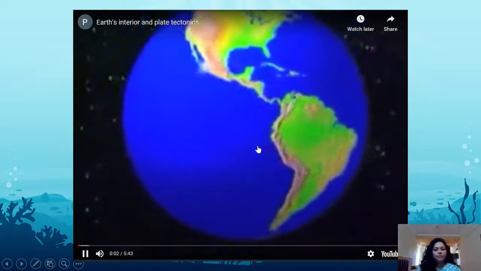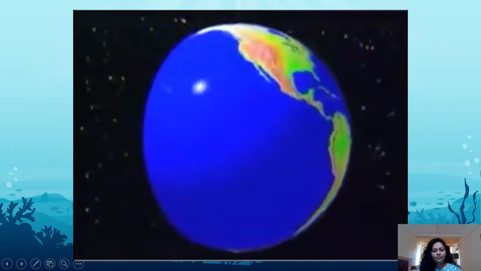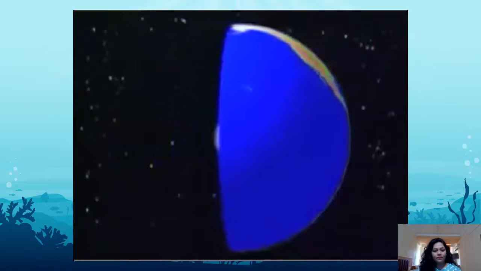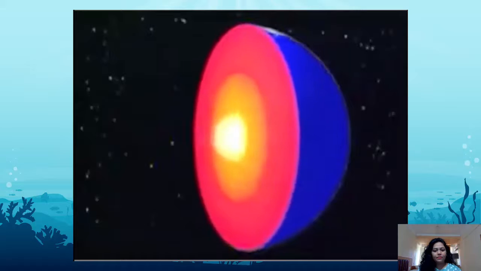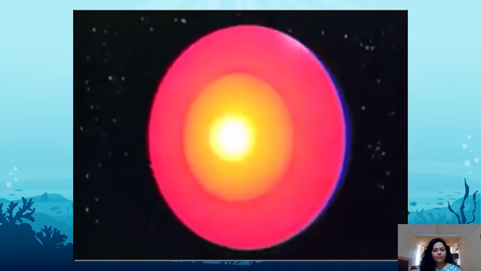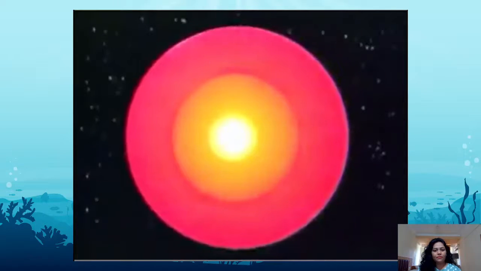To understand more about plate tectonics and continental drift, we have to look deep inside the Earth. The Earth's interior consists of several different layers. The inner core, which is believed to be solid iron and which is very hot.